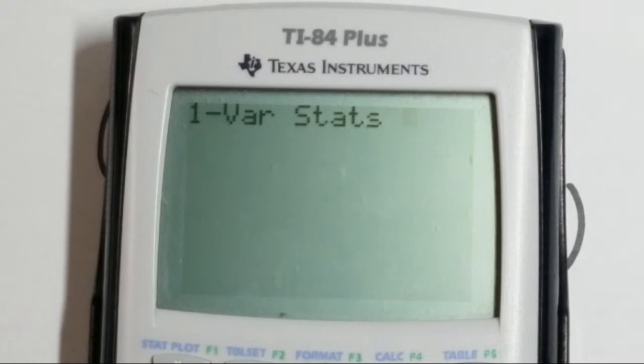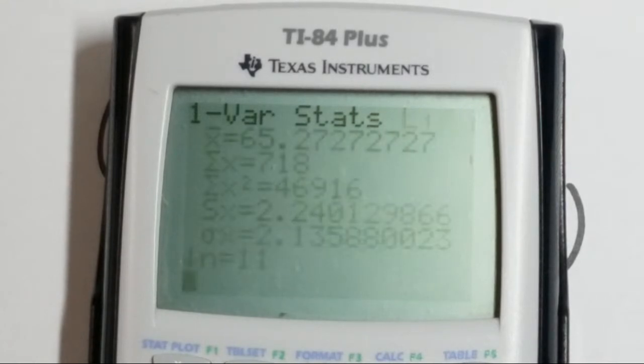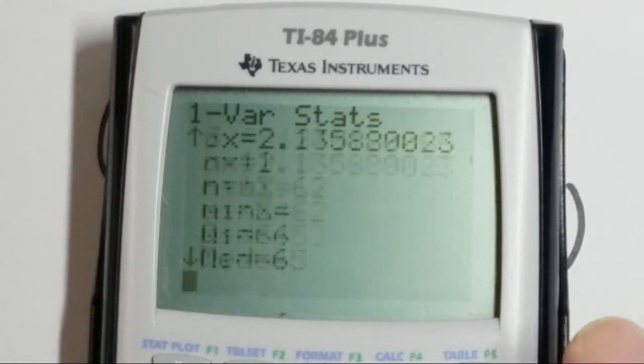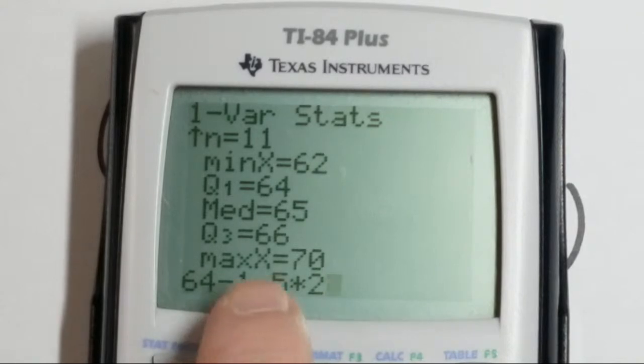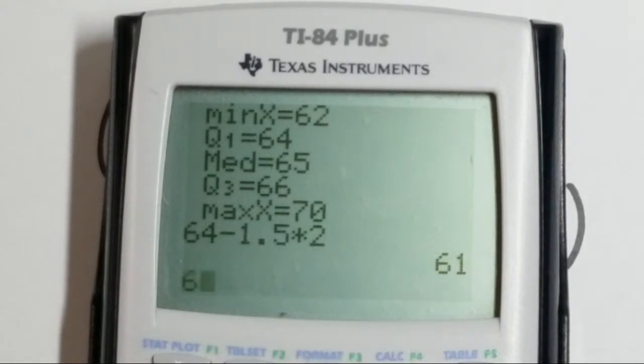We run a 1-var stat for L1. Looks like the interquartile range is 2. This is for race 1. And since the interquartile range is 2, I can do 64 minus 1.5 times 2, and then I can do 66 plus 1.5 times 2.